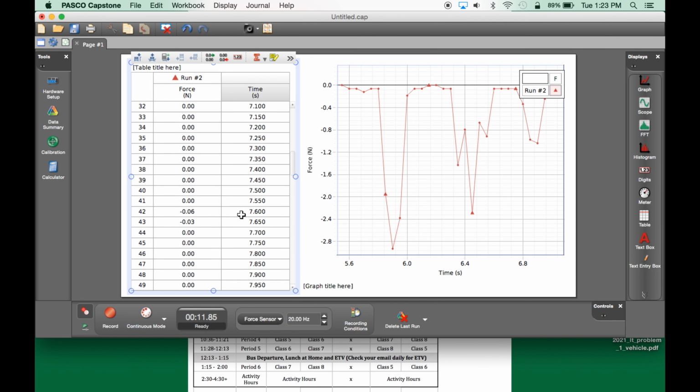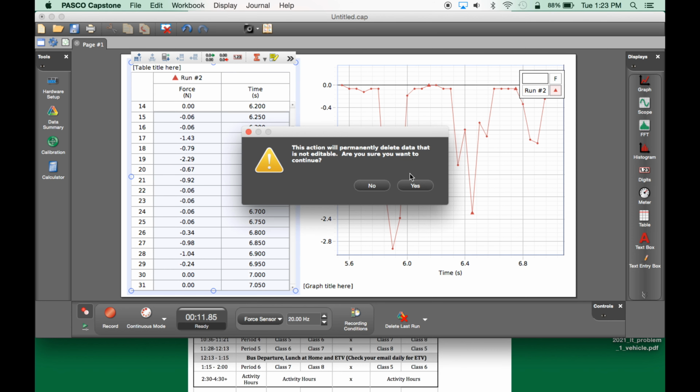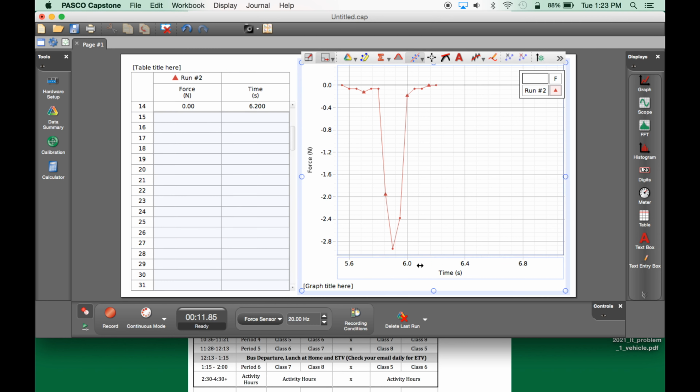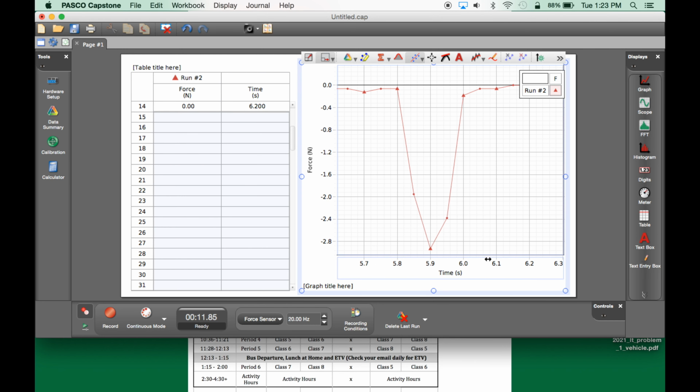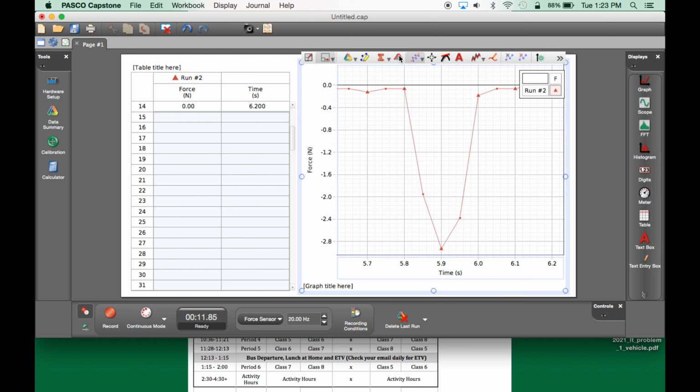So bear with me. And we can get rid of this. We can stretch this out. And so now we're looking at the time. And again, I want to compare that with the time that it took with my other run. So I want to see if I can get the scale about the same.